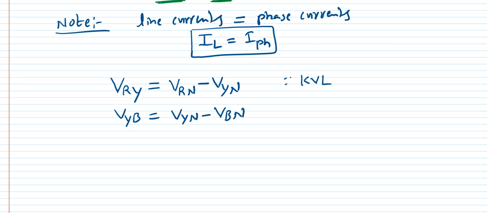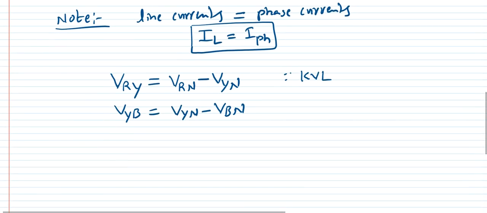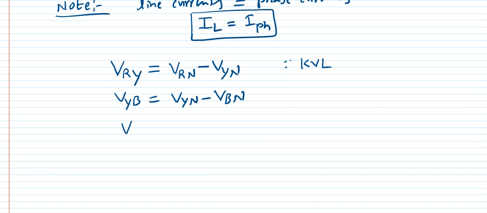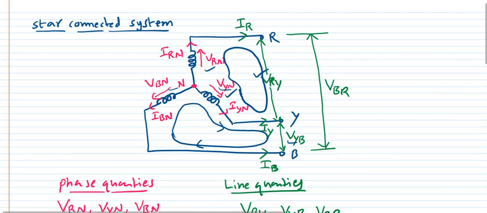Similarly, if you want to write what VBR is, how will you write it? I need this VBR. If you observe, this is the closed loop for VBR.